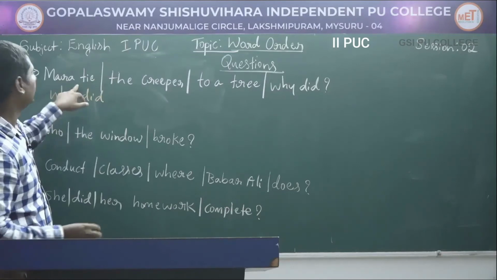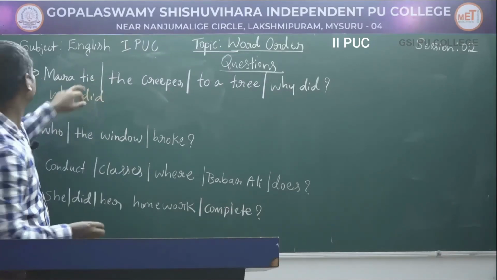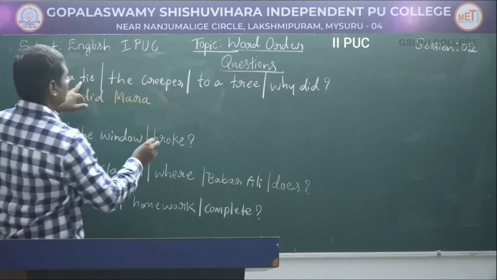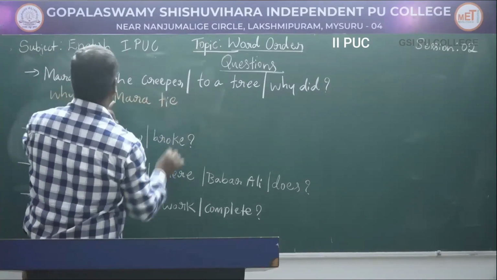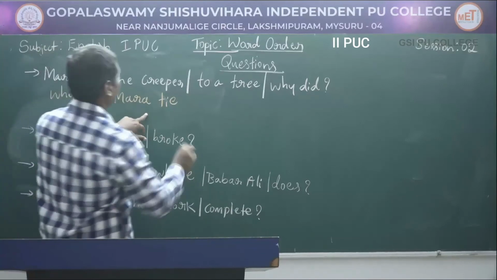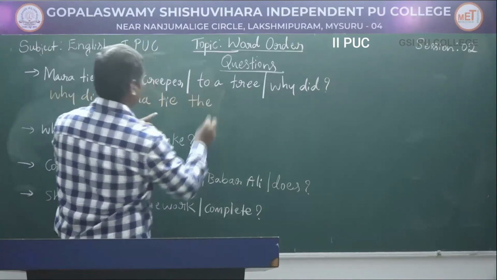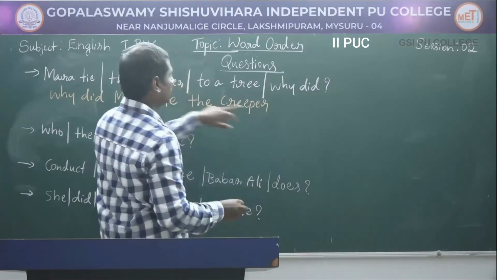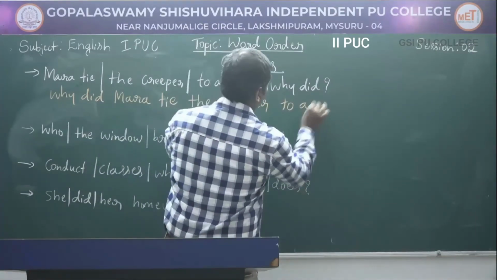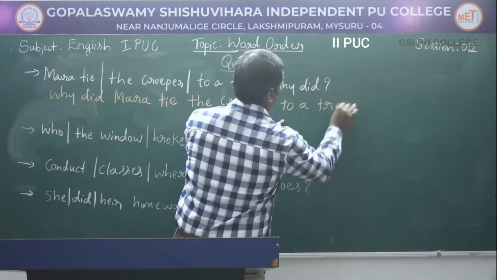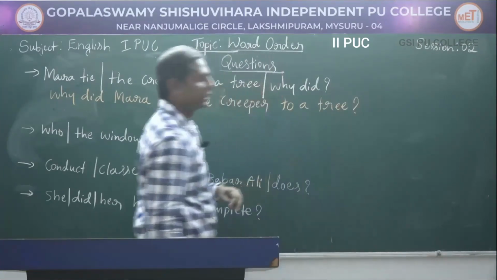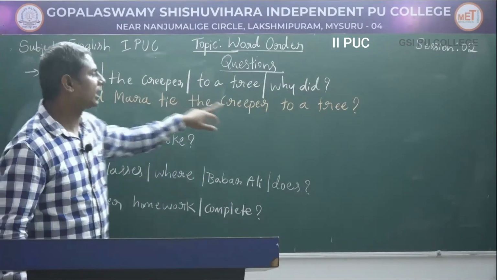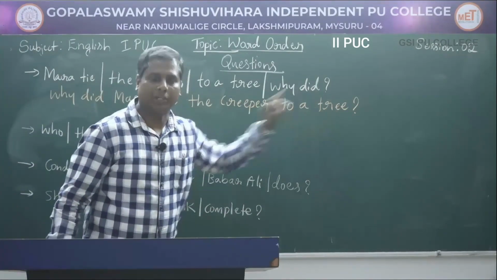Why did, then comes the subject, Mara, tie, the verb, the creeper, to a tree, and put a question mark at the end. Why did Mara tie the creeper to a tree?